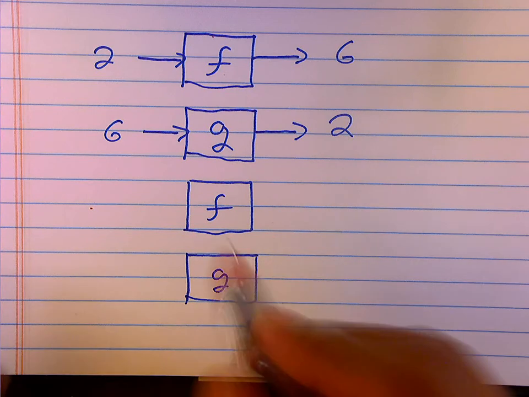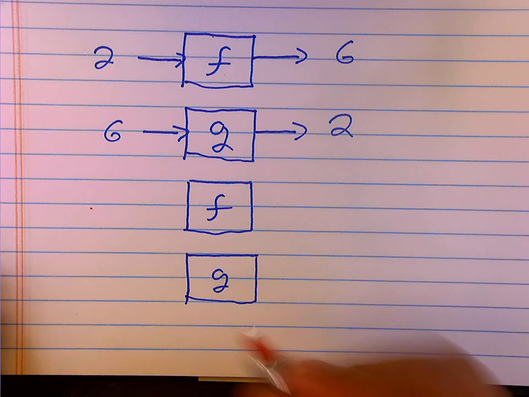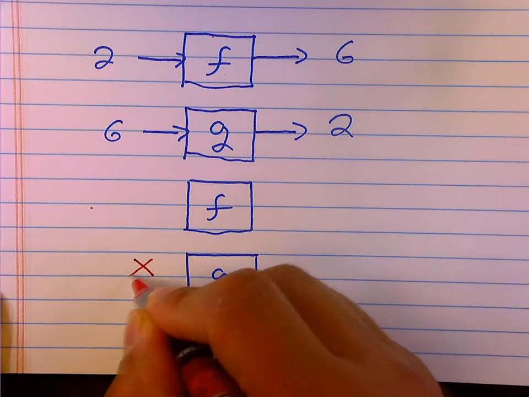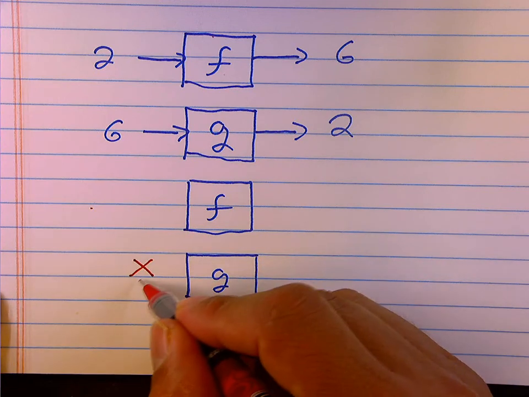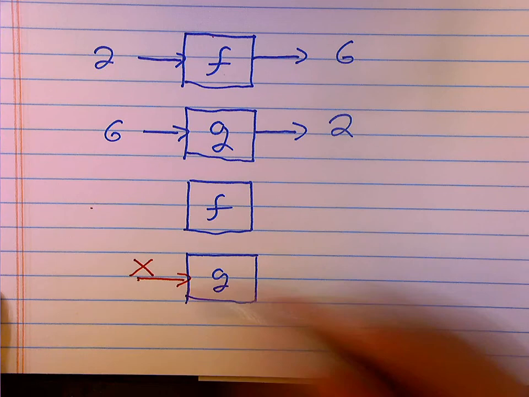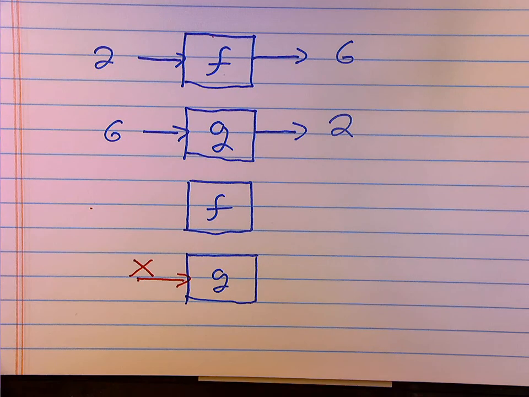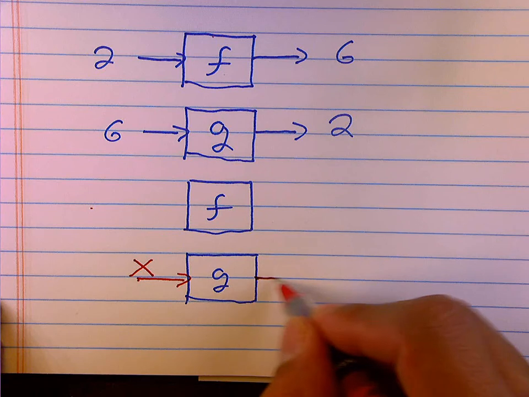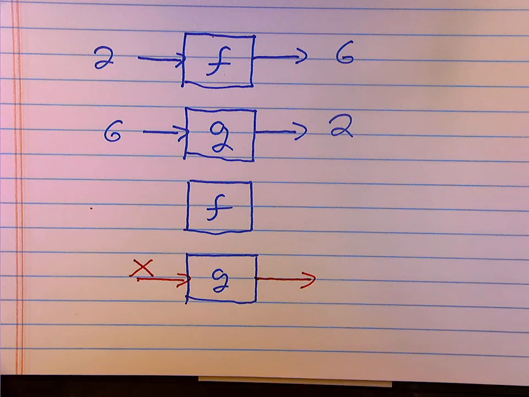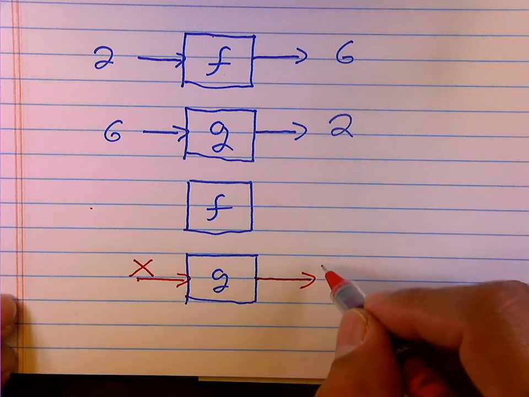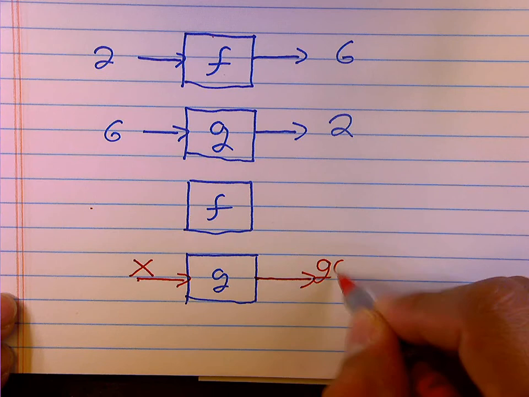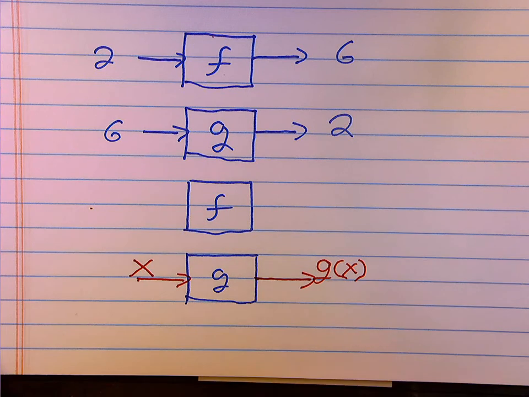Step 1, I'm going to start this time with G, doesn't matter where we start. I'm going to take X and plug it in to G. And out of G is going to come this amount.